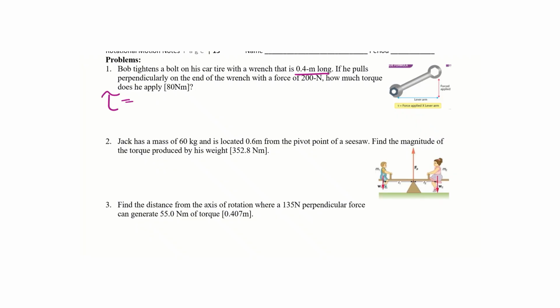Well, again, torque is R F sine of theta. In this case, the lever arm, R, is 0.4 meters. The force is 200 newtons. And it says it's exerted perpendicularly, which tells me that it's a 90-degree angle.